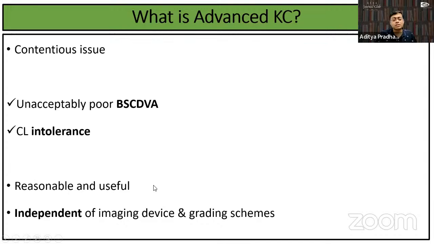It is also useful in normalizing the terminology across publications. And the main thing is that it is independent of the imaging devices you are using to diagnose the patient, and also of the various grading schemes touched upon by Charuta in her presentation. So if you consider these two points, you can label the patient as having advanced keratoconus.